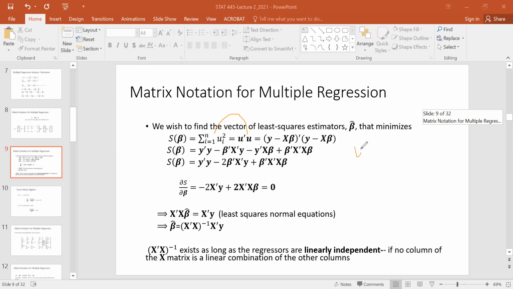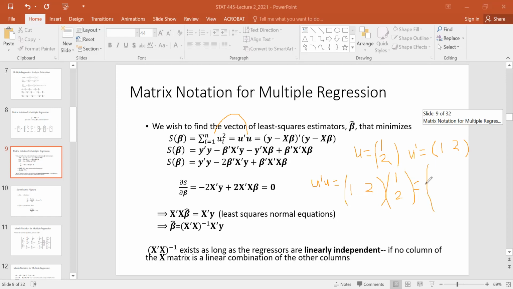Take, for example, our u vector, let's say 1, 2, and therefore u transpose will be 1, 2. If I were to multiply u transpose u, then that is 1, 2 multiplying 1, 2. And what is it in matrix multiplication?